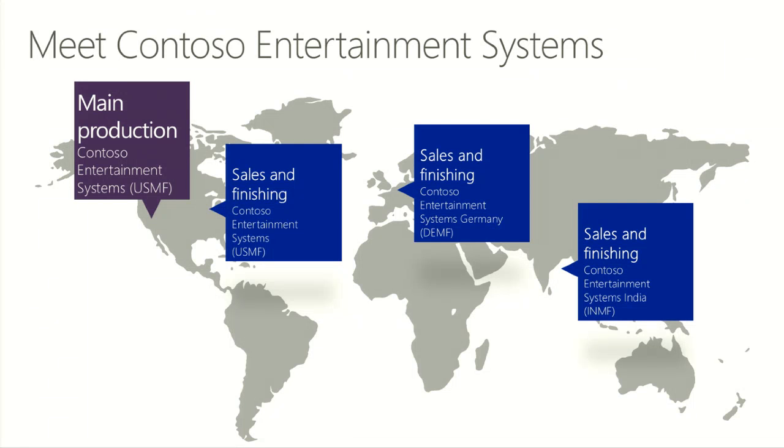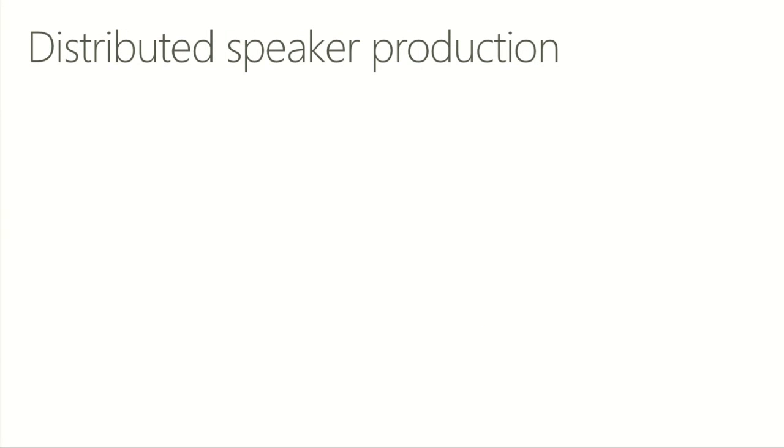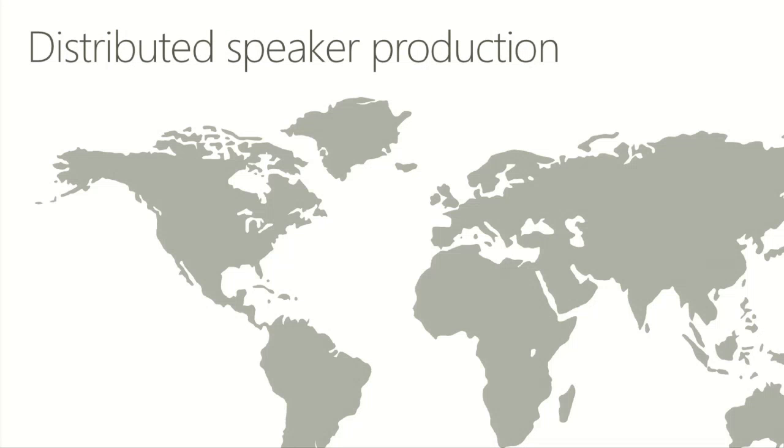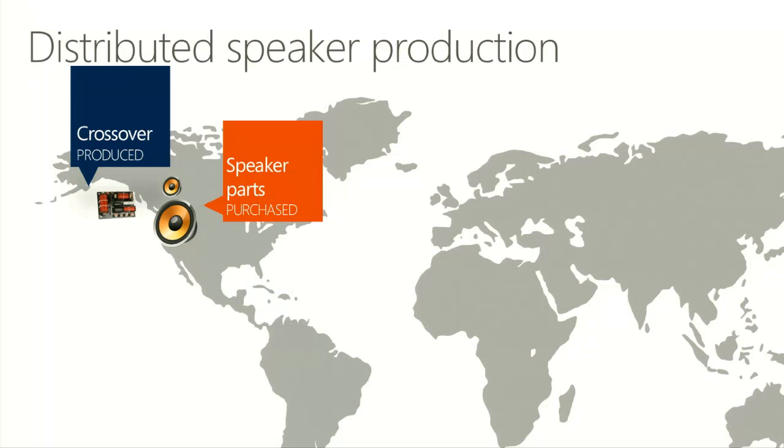So this is why Contoso is set up in multiple legal entities. In the distributed speaker production in this case, we have this critical component crossover that is produced in the US and some purchased speaker parts that we need for that.